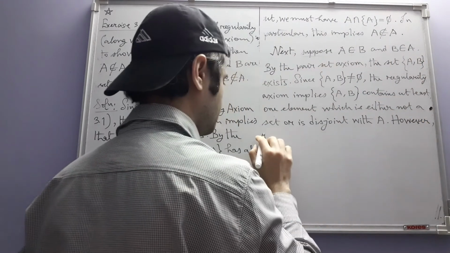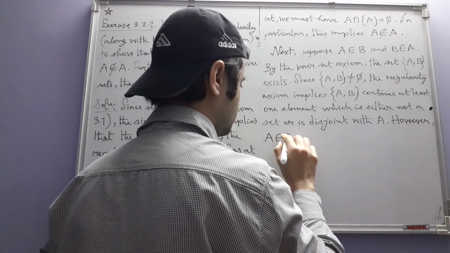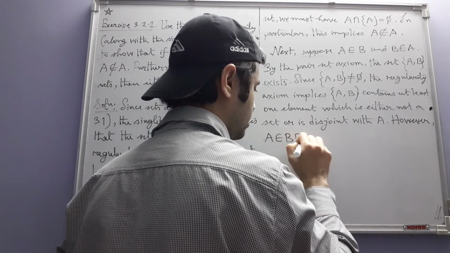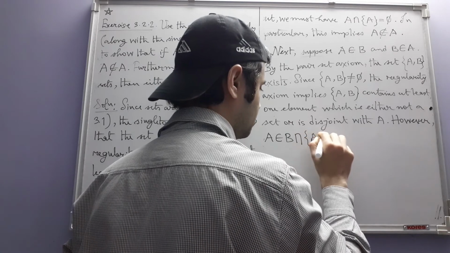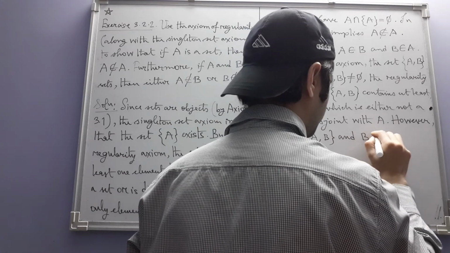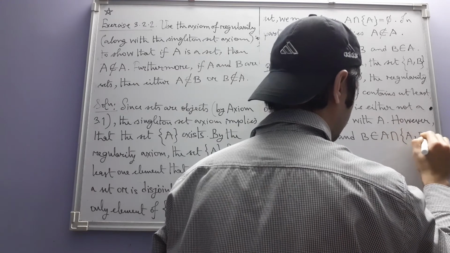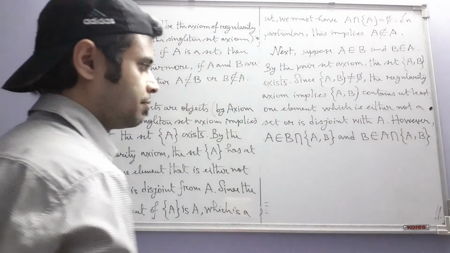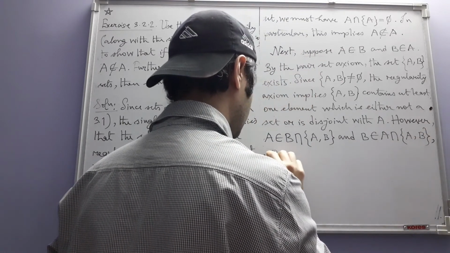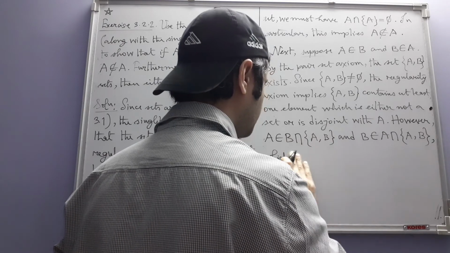However, A belongs to B intersection {A, B} and B belongs to A intersection {A, B}, which contradicts this.